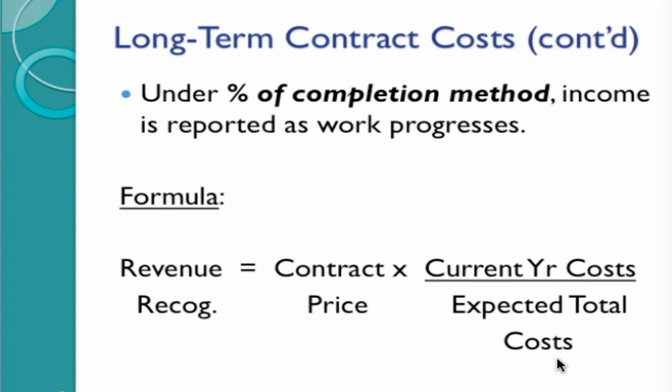The formula for calculating that is you recognize revenue based on contract price times current year costs divided by expected total costs. So you're basically estimating what the total costs are going to be. You calculate what the current year costs are, that gives you your ratio, and then you multiply that ratio times the contract price, and that would be your recognized revenue.